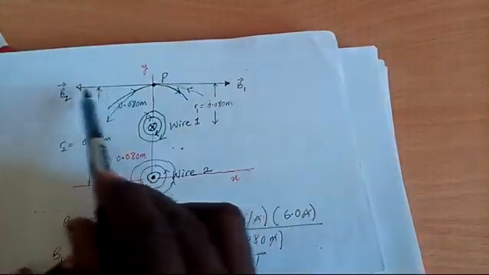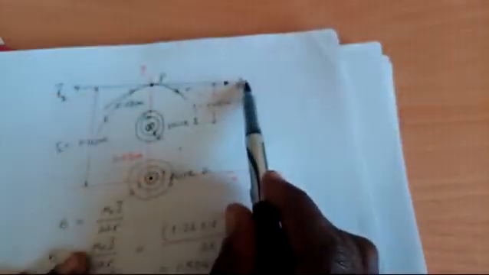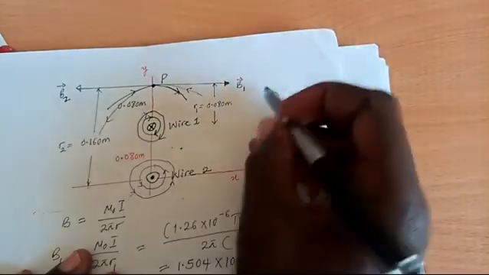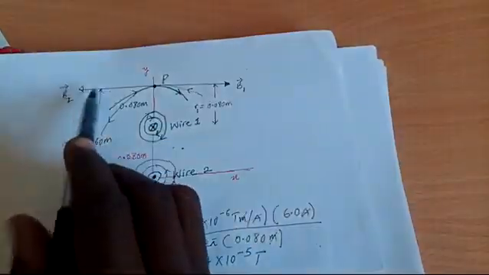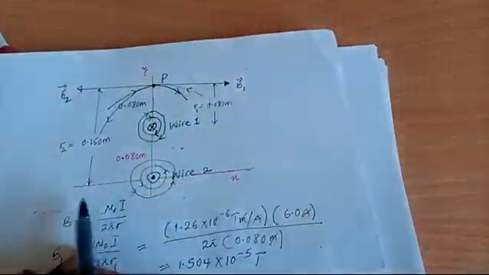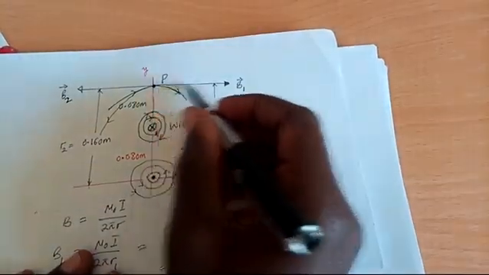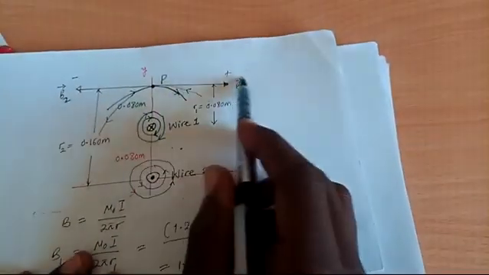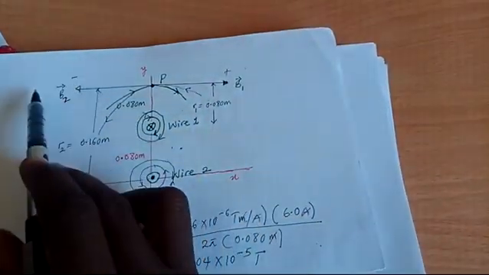We know that the two magnetic fields are horizontal, and since they are horizontal, we say that they are parallel to the x-axis. So we consider this one as positive and this one as negative. This is in the positive x direction, this is in the negative x direction.